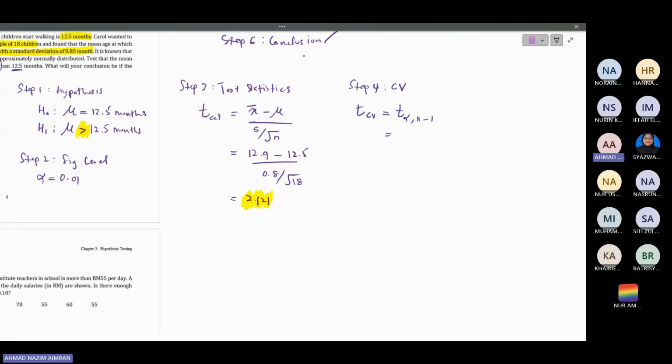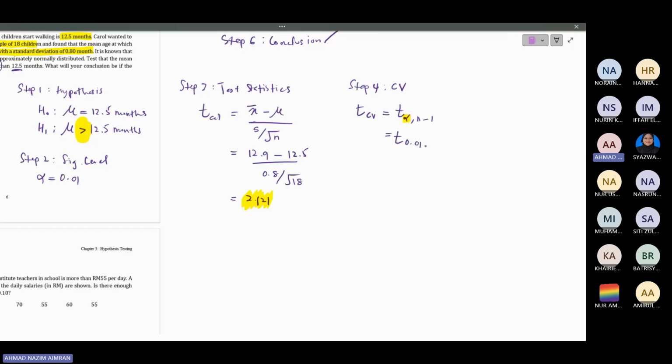Why alpha? Why not alpha over 2? Because only one side of the distribution is being tested, a one tail test or right tail. Only for two tail do we divide alpha by 2. One tail, alpha only.